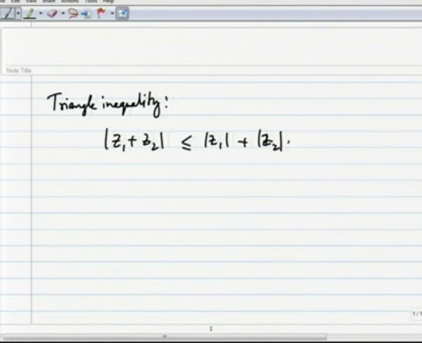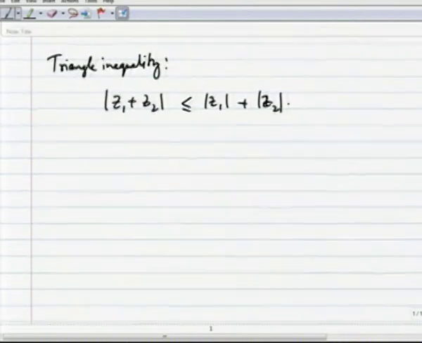And it was an exercise to show that equality occurs only when z 1 and z 2 lie on the same line passing through the origin, and on the same side of the origin. Okay. So, that's your triangle inequality.